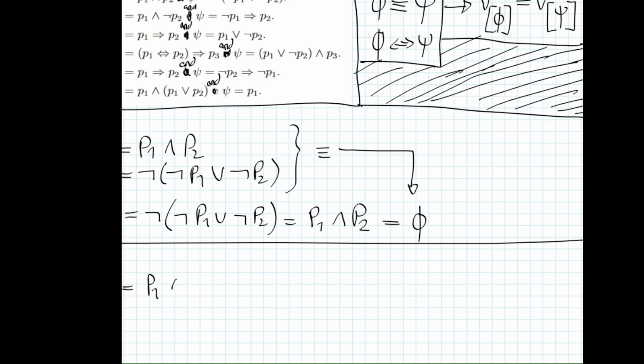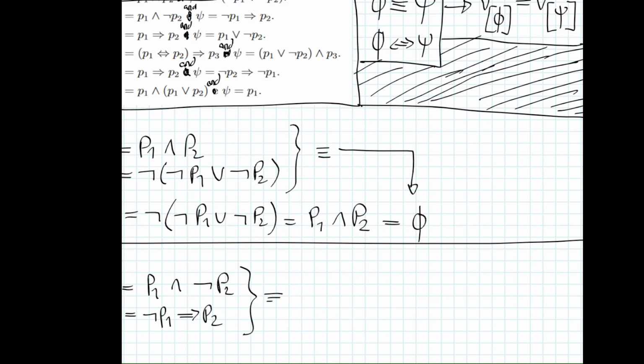P1 conjunction with the negation of P2, and then we have psi, which is the negation of P1 implying P2.